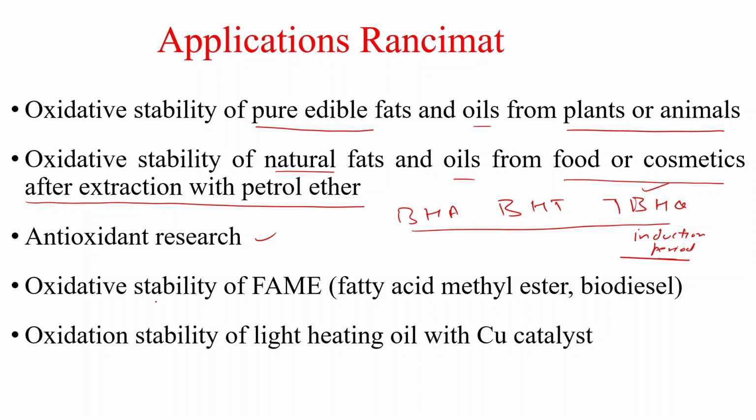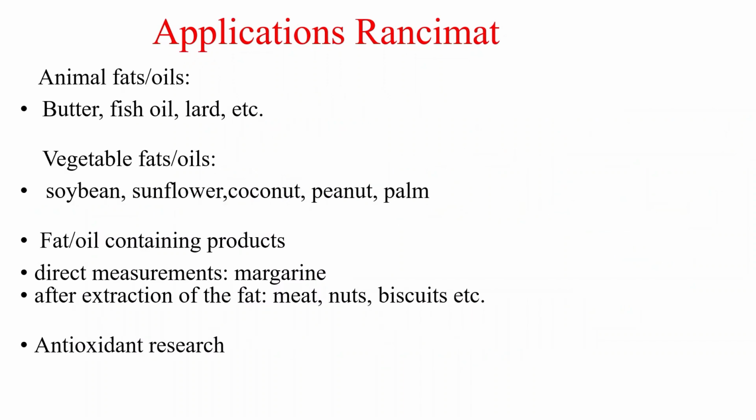Okay, now oxidation of FAME, fatty acid methyl esters, is mainly studied in the biodiesel industry. So Metrohm is most widely used in the biodiesel industry, and the oil stability index of light heating oil with copper catalyst can also be determined. Now for animal fats and oils, if you want to predict the shelf life of butter, fish oil, lard and different animal fats and oils, that can be done.